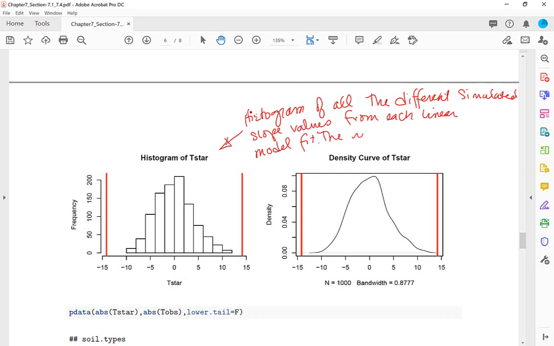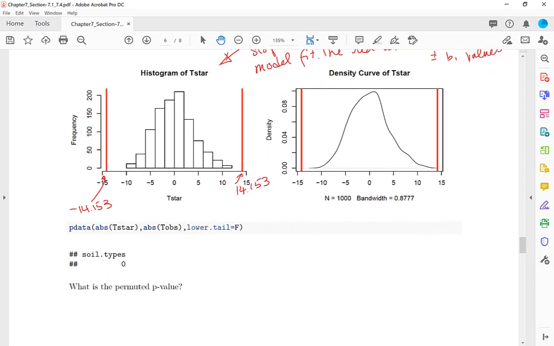The red lines are at the plus or minus slope values. So here is our 14.153, our observed slope, and this is negative 14.153, our negative slope. So our permuted p-value is essentially 0, so we'd say that's less than 1 out of 1,000 permutations.